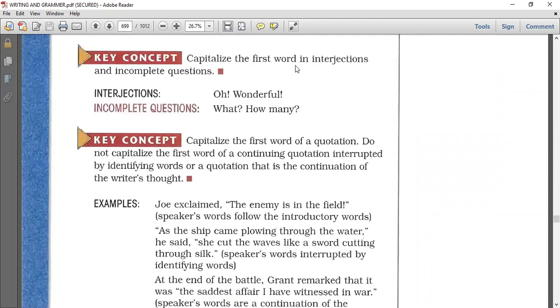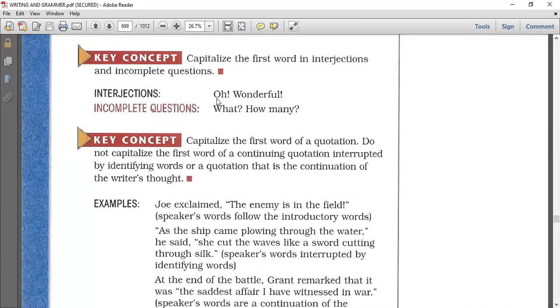Capitalize the first word in interjections and incomplete questions. Even if we have interjections like oh, wow, oops, ouch, all these expressions, these are called interjections, which show some feeling or something like that. Capitalize the first words.